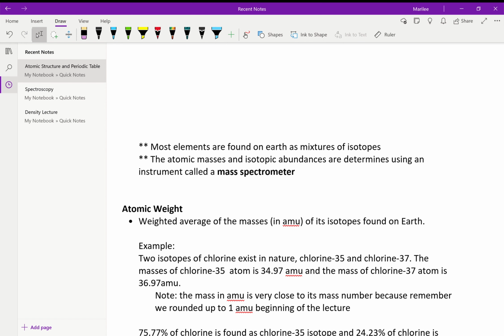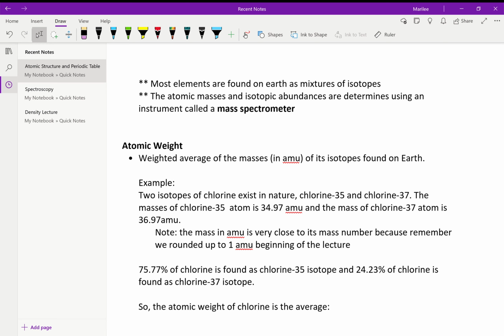Next, I'm going to go over atomic weight. So the atomic weight is the weighted average of the masses in AMU of the isotopes, which I just mentioned. So we have an example here.